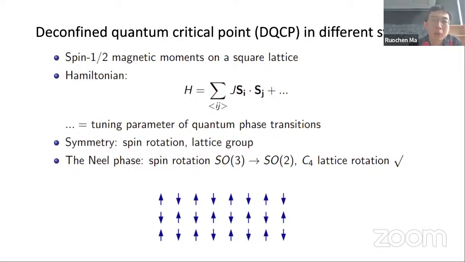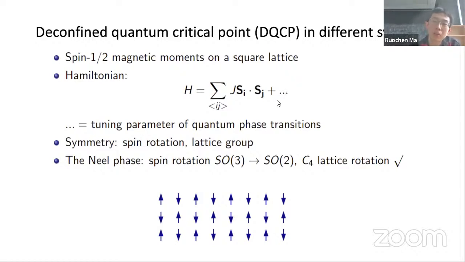The Hamiltonian can essentially be anything, but for simplicity, you can just imagine the simplest Heisenberg antiferromagnetic coupling, the S_i·S_j term, plus some slightly more complicated spin interactions, which is the tuning parameter of the phase transition.